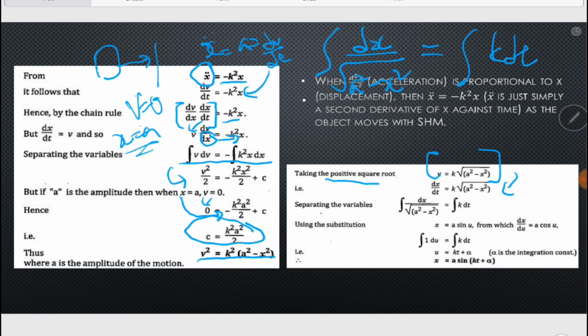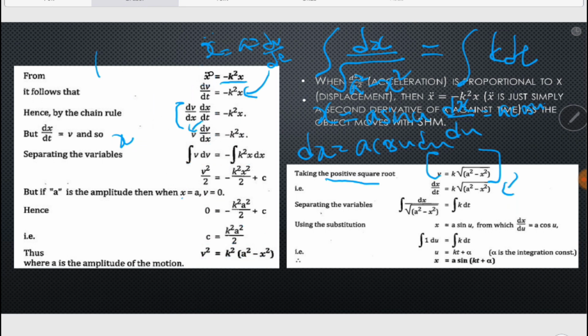And by using u substitution, you can actually do the integration. So if I let x be a sine u, where dx/du is simply just a cos u, hence you get dx is equivalent to a cos u du. Let me just rub all this so that I get more space. Hence you can just sub that in.